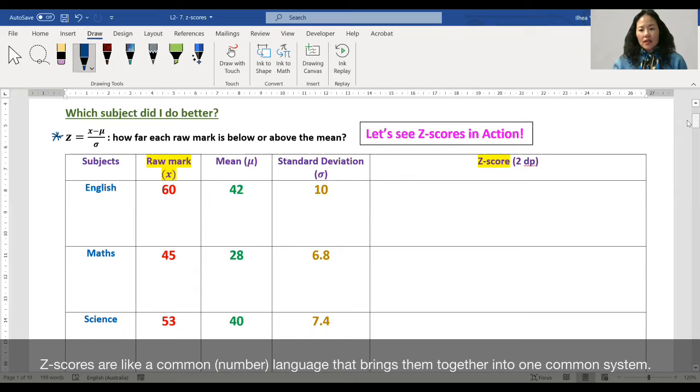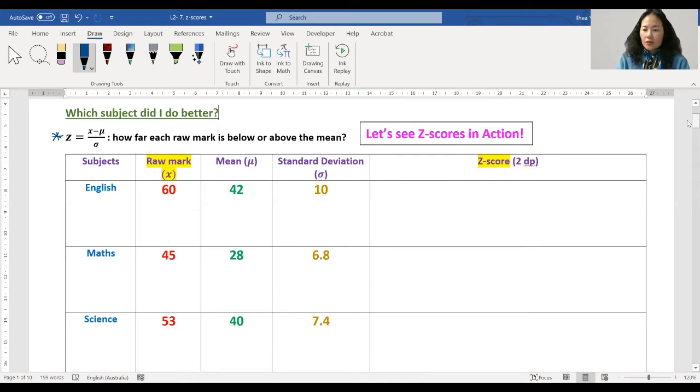You throw in everything from different distributions, and z-scores somehow magically put it into those levels. That's why it's quite useful.